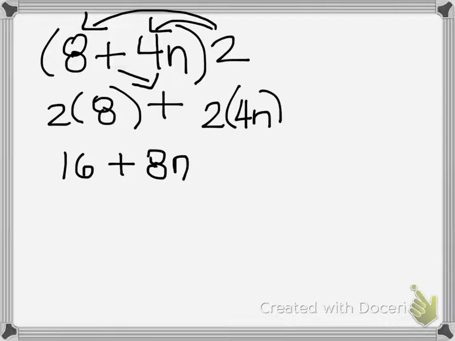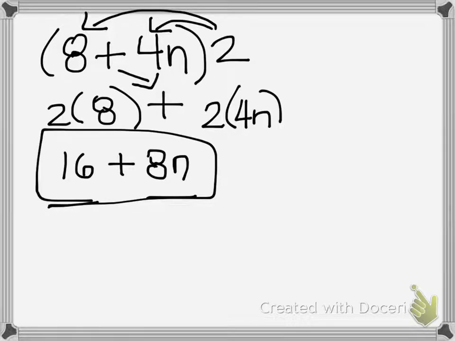But then I need to look at it and see if I can simplify it anymore. Since I cannot, and the 8n is not a like term with the 16 because the 8n has a variable and the 16 does not, I cannot combine 8n and 16. So this is the most simplified that I can get, and that would be my final answer. Let's try another one.